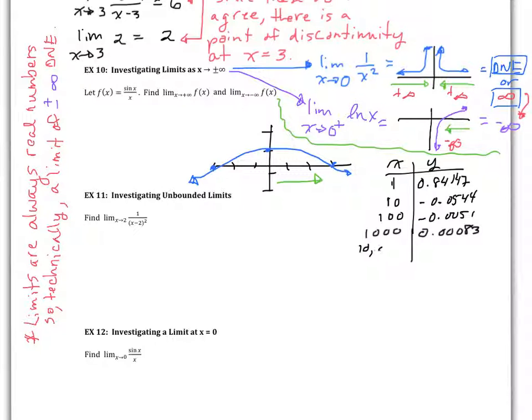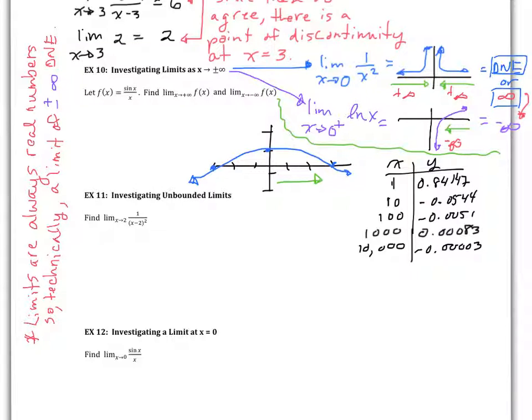Well, let's put in 10,000. Now we get -3 times 10 to the -5, so it's negative 0.12343. What number is that really close to? 0, and it's negative again. So we've gone across the x-axis again. Isn't this waffling back and forth across the x-axis like a normal sine curve would?